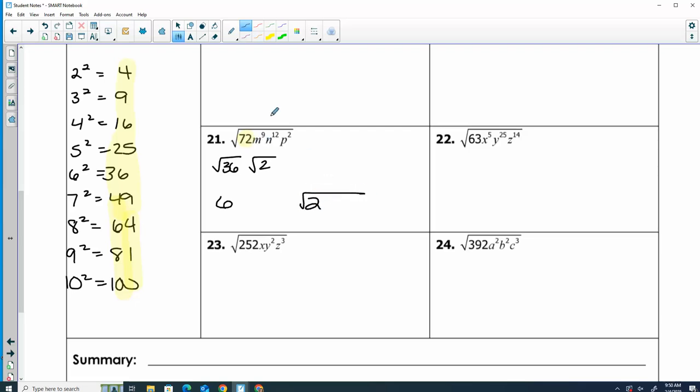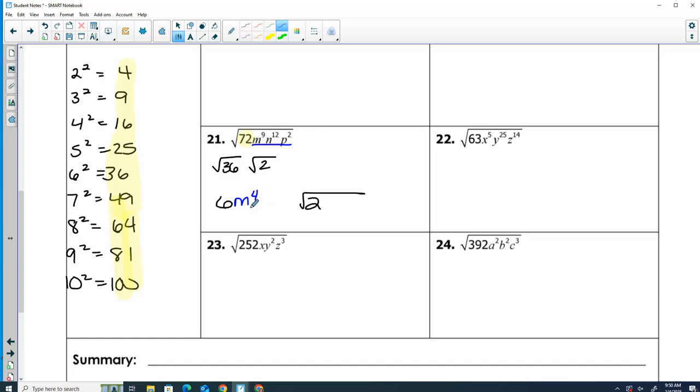And I left a little space because now we need to come back and address all of these variables. So a square root is asking us how many groups of 2 can you make? If I have 9 m's, how many groups of 2 can I make? Four. So that's an m to the 4th. When you bring it out, it's saying you have 4 groups of 2.